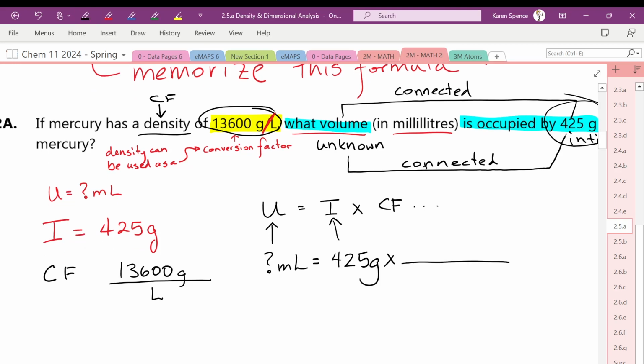Now I'd like you to think about, don't write this down, just critique what I'm doing. 13,600 grams per liter. Tell your neighbor how you feel about that.